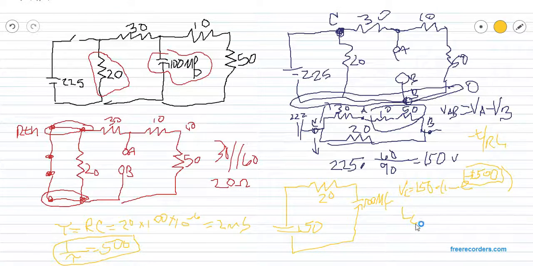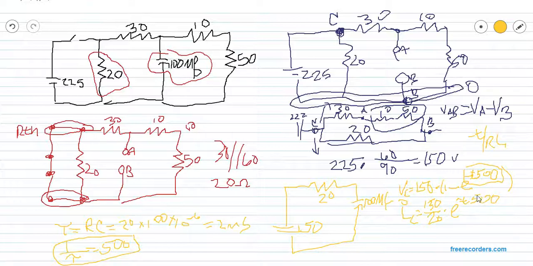For your current, IC is equal to E over R, which is 150 divided by 20, multiplied by e, again, to the negative 500t. That's exactly the same reasoning as for the voltage.